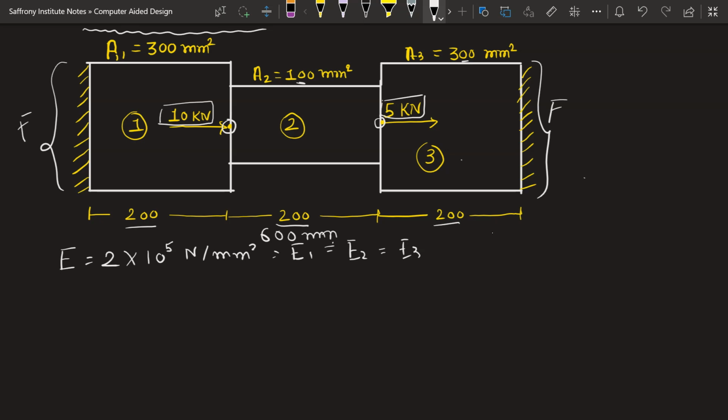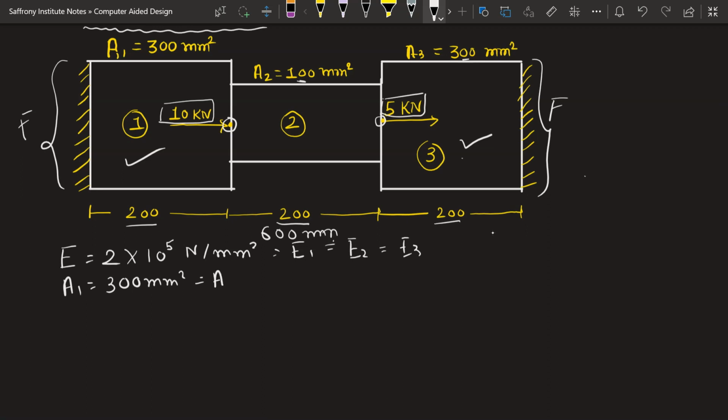Also the area of this particular part, A1, is 300 mm square. You can notice the area of part number 3, A3, is also the same. Also the length 200, 200 and 200 for each element of the bar is the same, so we will list out L1, L2 and L3 equal to 200 mm.